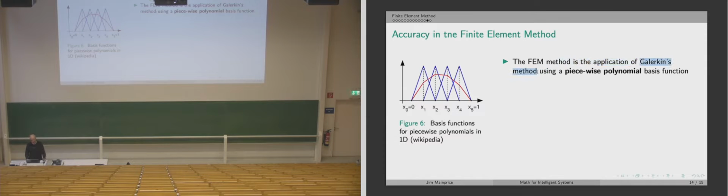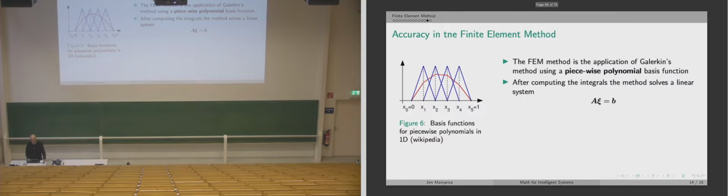It's just the idea of orthogonally projecting the solution onto the space, the vector space of possible functions. And this does not depend on how we decide to choose a basis function for a vector space. But the finite element method is actually the choice of having a piecewise polynomial basis function.